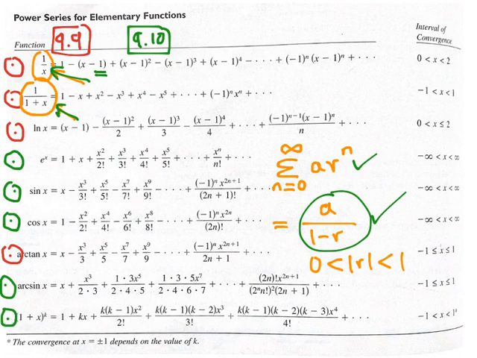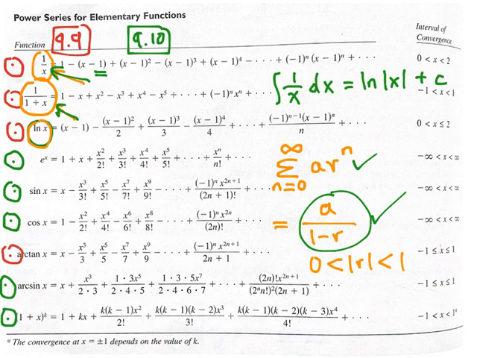And then we came up with our power series for the natural log function by recognizing that the natural log function is the indefinite integral of 1 over x dx. And that would give us the natural log of the absolute value of x plus a constant of integration.